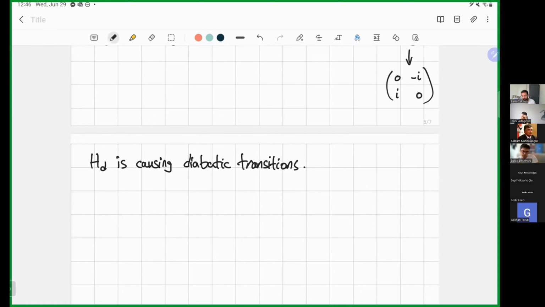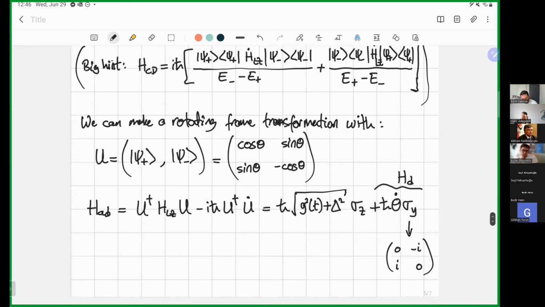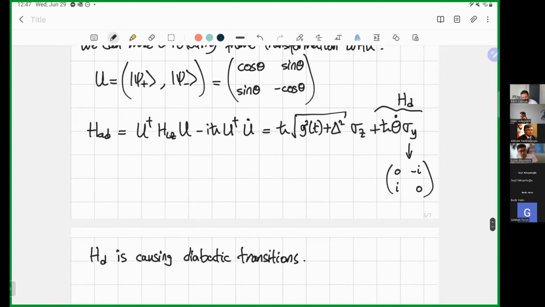Remember that we have transformed our Hamiltonian with a transformation like U dagger H_LZ U. So can we add a term to H_LZ such that when we transform it with U dagger and U, it would give the negative of this diabatic Hamiltonian?